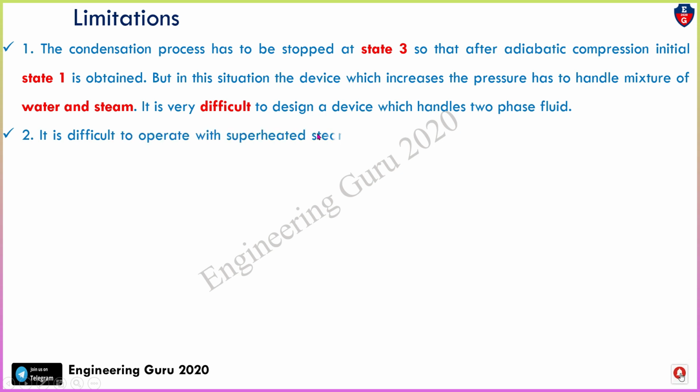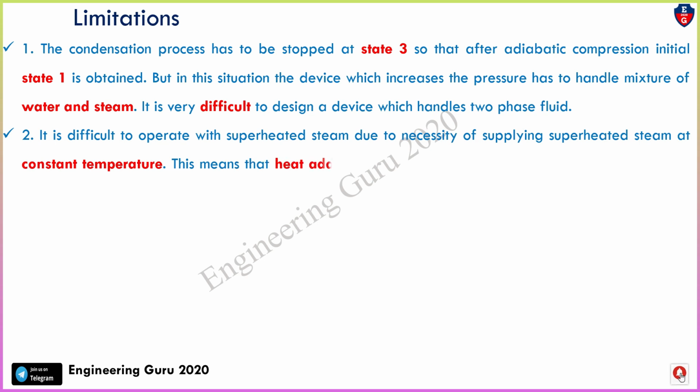Second one, it is difficult to operate with superheated steam due to the necessity of supplying superheated steam at constant temperature. This means that heat addition and expansion of steam take place at the same time.